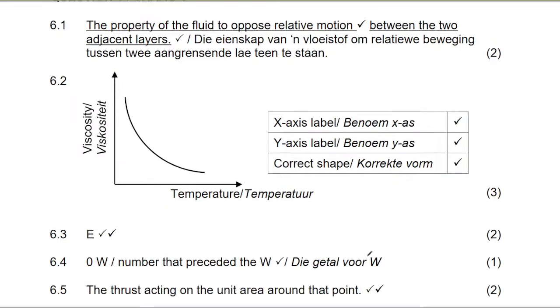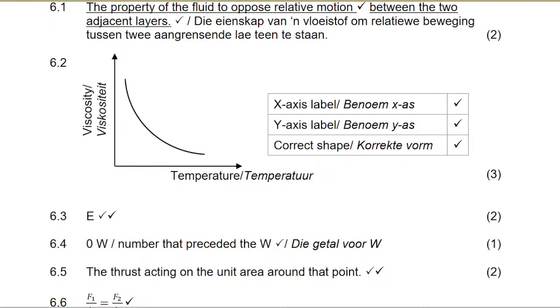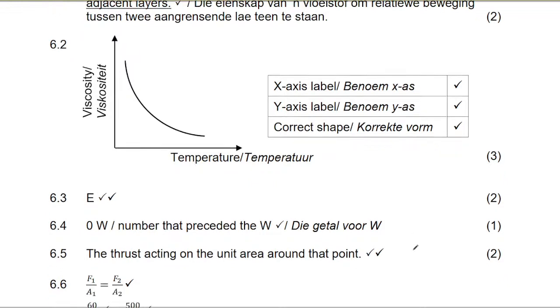The x-axis labeled, that will be 1 mark. The temperature labeled, that is another mark, and then the correct shape. Don't compromise the shape there. And then 6.3. Which oil has the lowest viscosity when it is cold? Like I said, the number on the left of the W indicates the lower temperature.